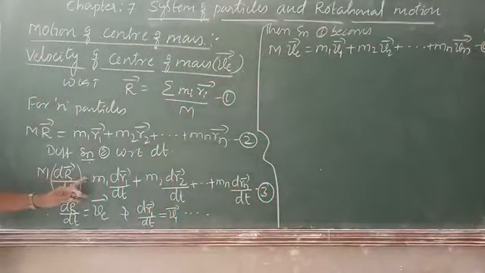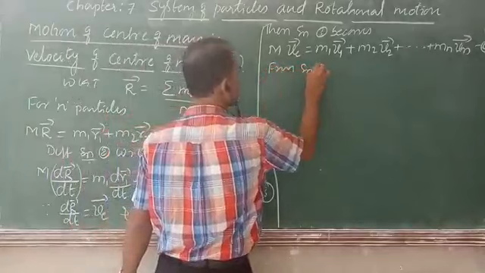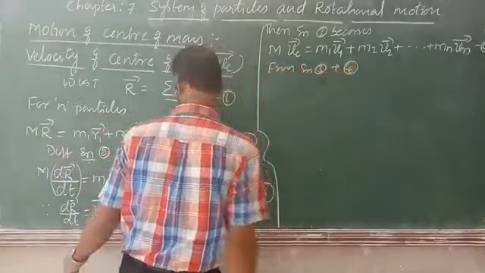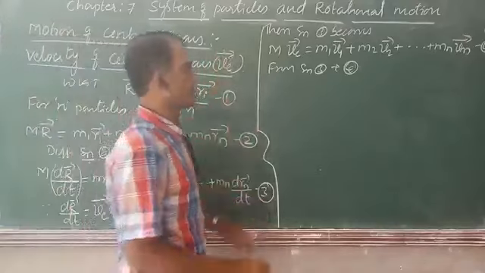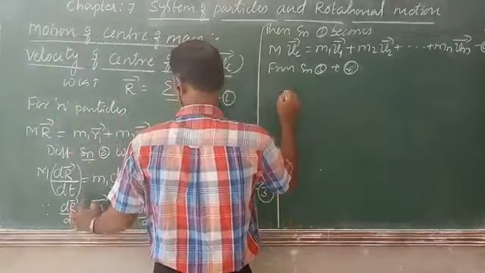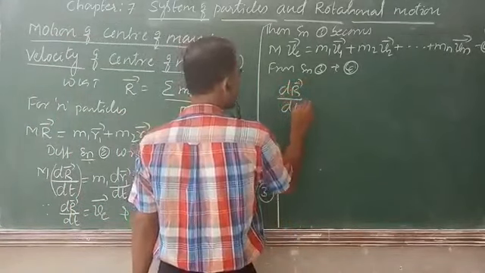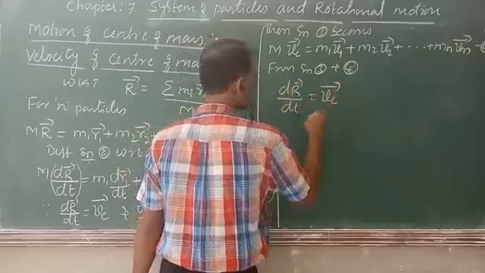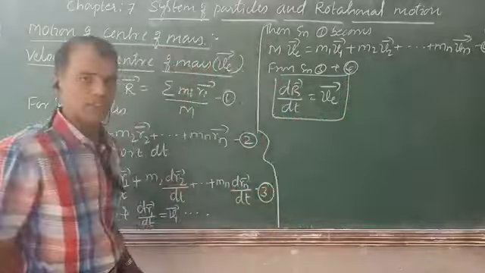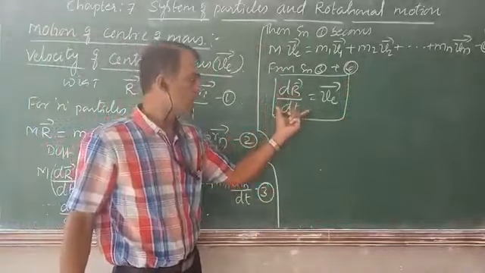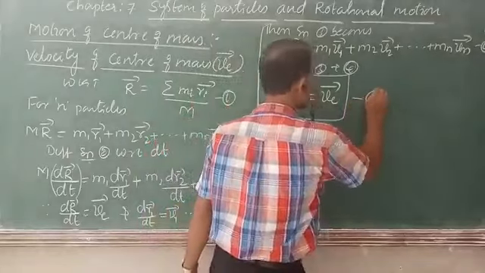From equation 3 and equation 4, M dr by dt is equal to M into vc. So we can write dr vector divided by dt is equal to vc. Thus the velocity of the center of mass is dr divided by dt, and we call this equation 5.